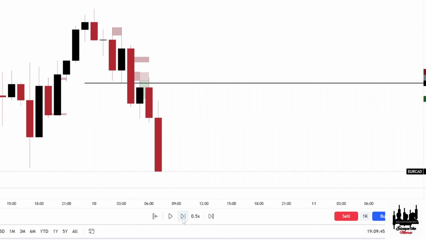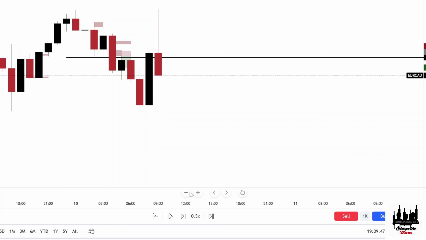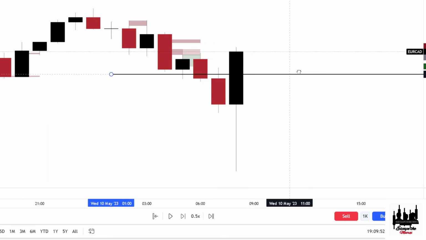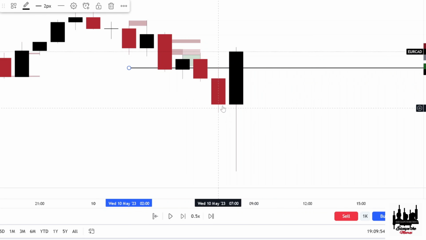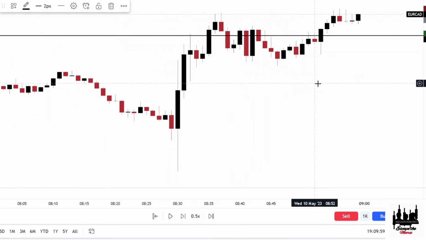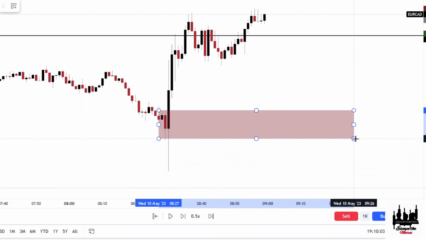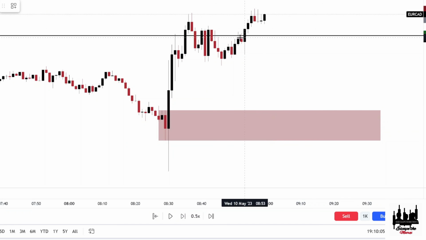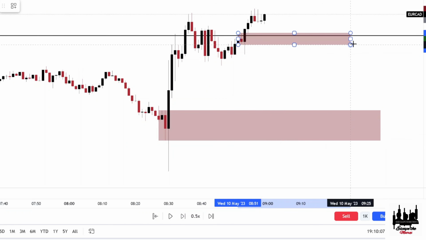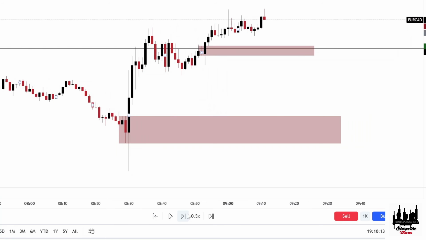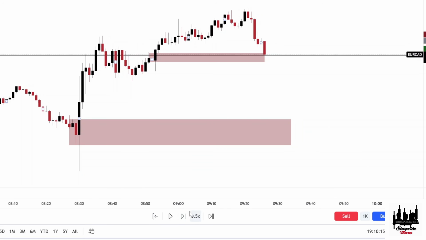Let's wait for another engulf. Oh my God, I keep missing all these engulfs, right? Okay, so we have an engulf right here, order block formed. Let's highlight. We have our lowest OB right here, and we have our first OB right here. Okay, we have a reaction.